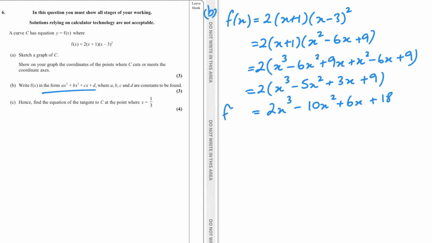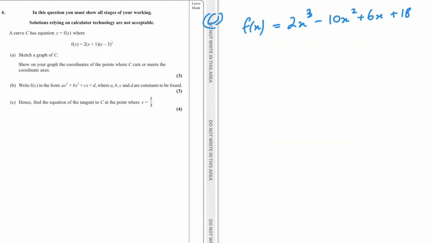And that is my f of x. Of course you can also write what the a, b, c and d are. So a is 2, b is negative 10, c is 6 and d is 18. But that's not necessary to get you the marks. You've already got them from your f of x.